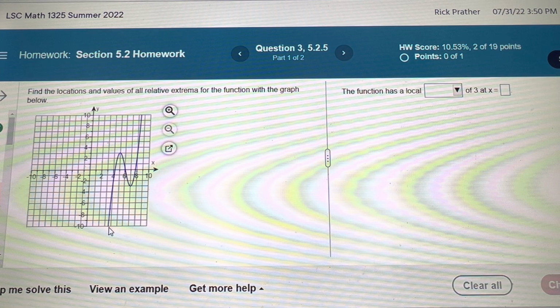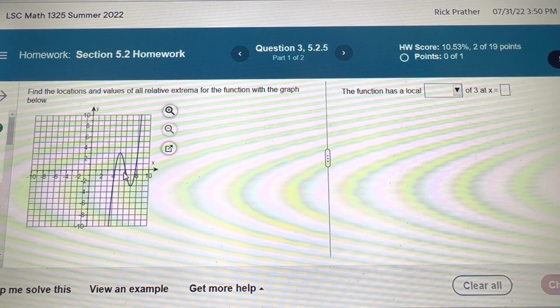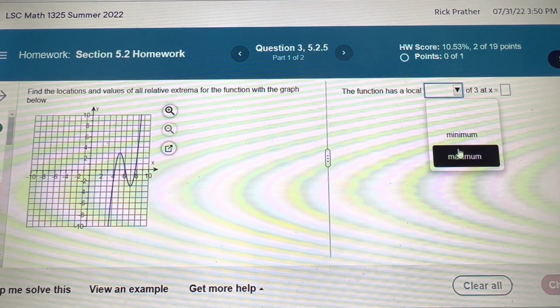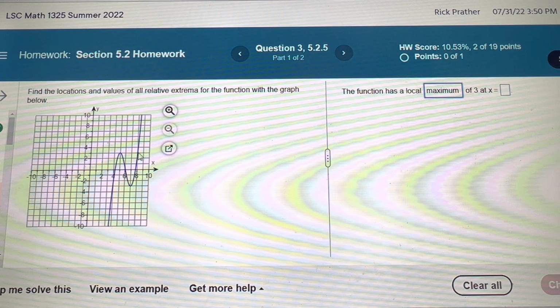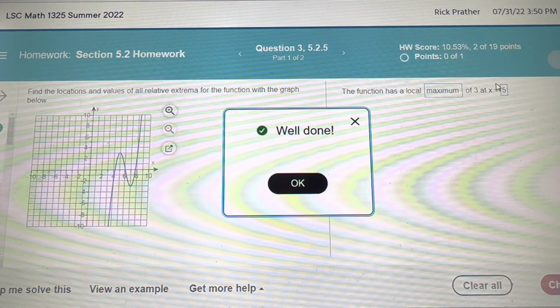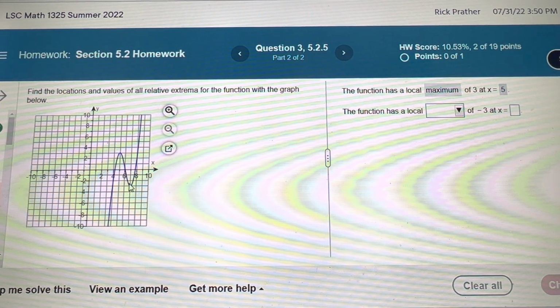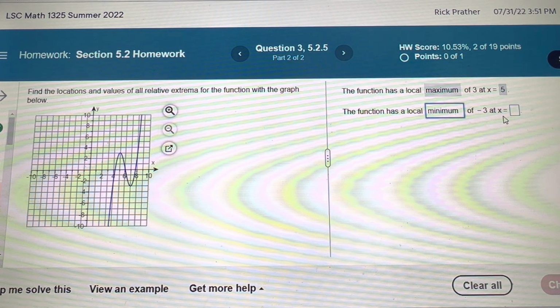If you think about riding a roller coaster, you're going up, up, up, you get to the highest point and then down you go. So when you change from increasing to decreasing, that's a local maximum of 3 at x equals 5. And then there's a local minimum when I get here and change directions, a local minimum of -3 at x equals 7.